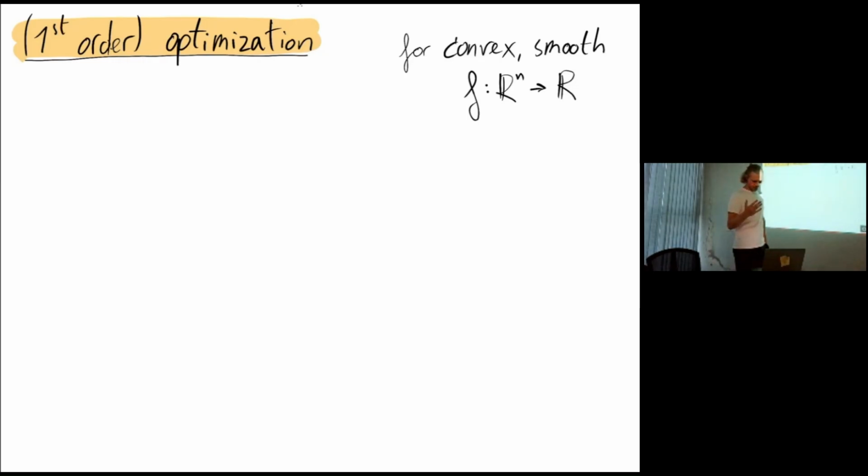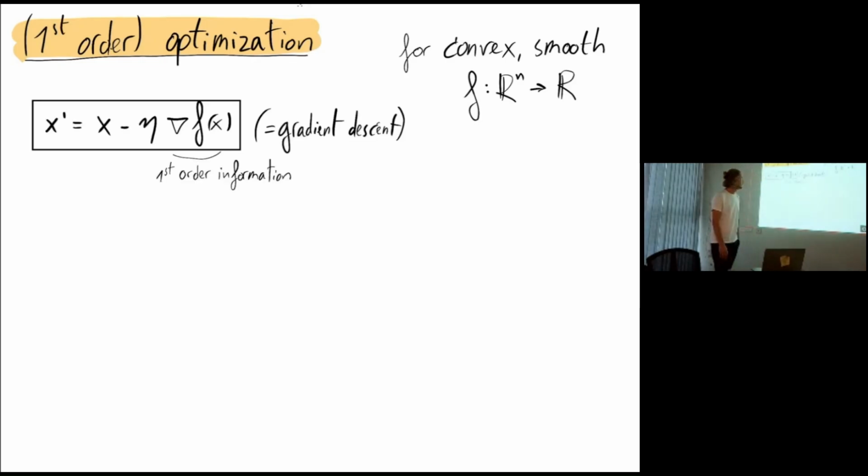So what's the first algorithm you think of for solving such a convex optimization problem? It's probably gradient descent, right? In gradient descent you take some initial point x, you compute the gradient of the function, and you move in the opposite direction, downhill. The gradient is what we call first order information; it requires first order derivatives.